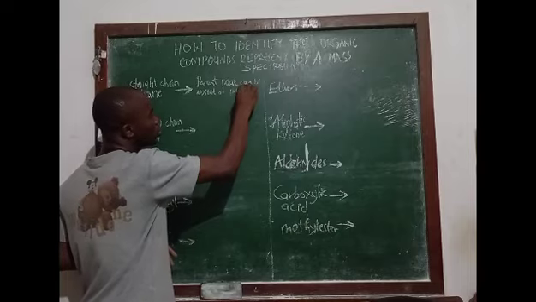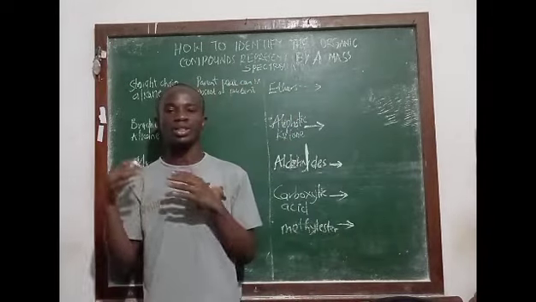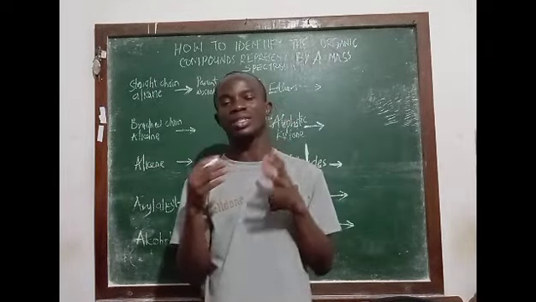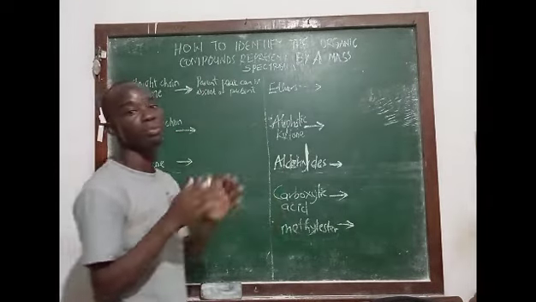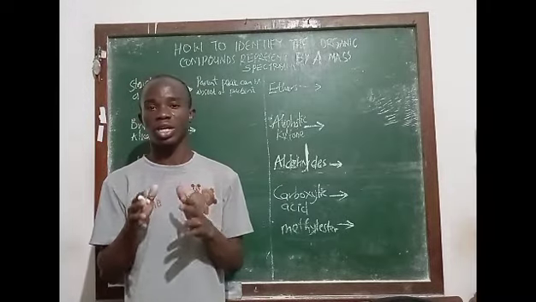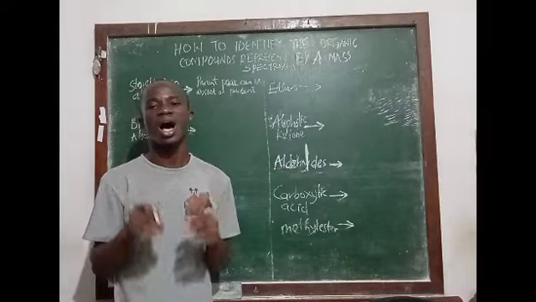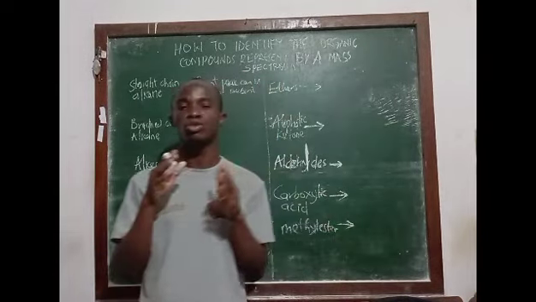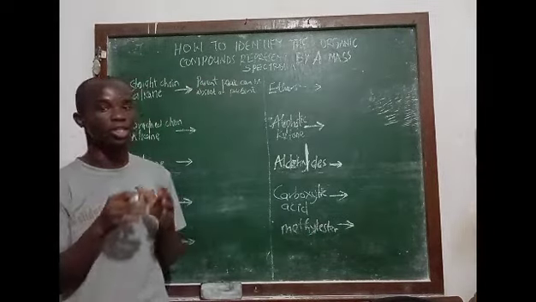And the rule is that the longer the chain of alkanes, the lower the tendency of having the parent peak being present in the mass spectrum. So it implies that long chain alkanes that are straight chain might not have a parent peak in their mass spectrum compared to a short chain alkane that is straight chain.